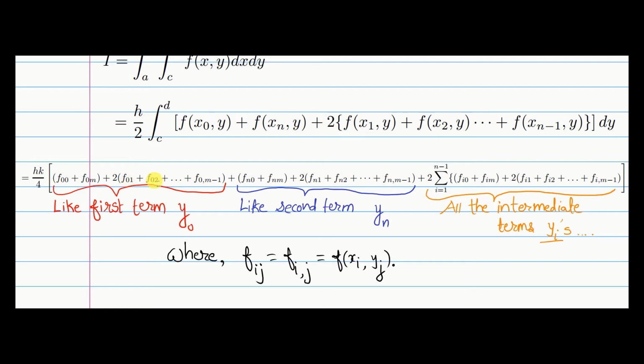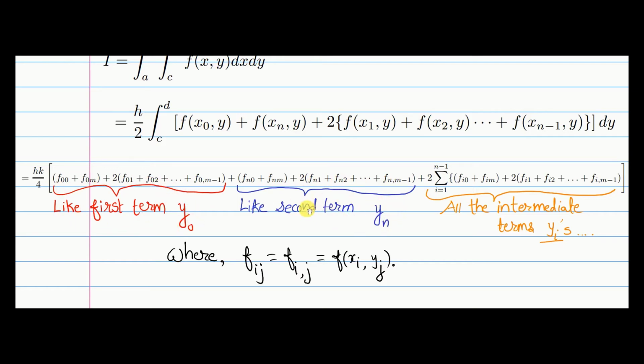You can see here 1, then 2, then m-1. These m-1 terms are there, and the first term is f0 and the last term is fm. So basically you are running from 0 to m, and you are considering all the remaining terms twice. Fine. Similarly, for the nth term, that is fn0, fnm plus twice fn1 plus fn2 up to fn(m-1).